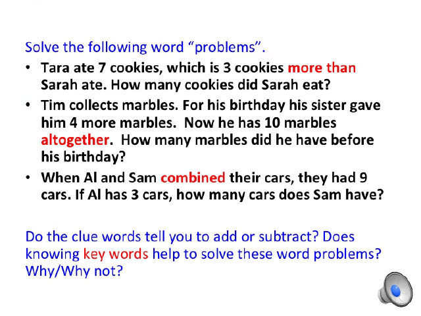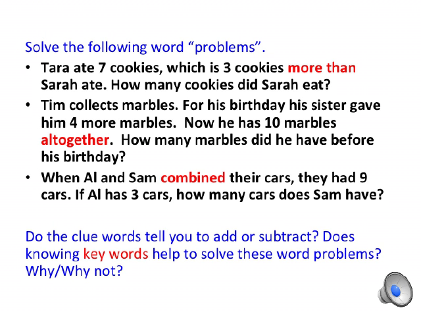Thinking about the clue words from the previous slide, consider the following problems. The key words or clues are in red. Problem number 1. Tara ate 7 cookies, which is 3 cookies more than Sarah ate. How many cookies did Sarah eat? Tim collects marbles.